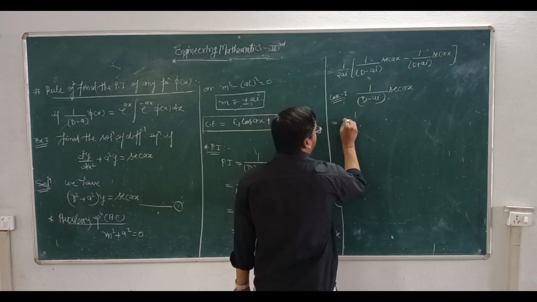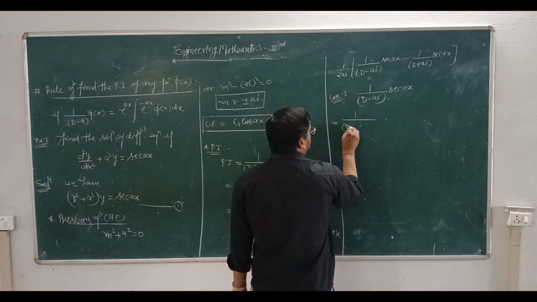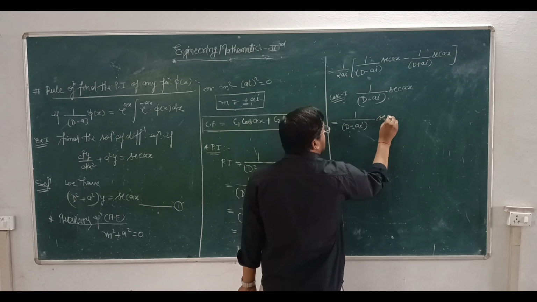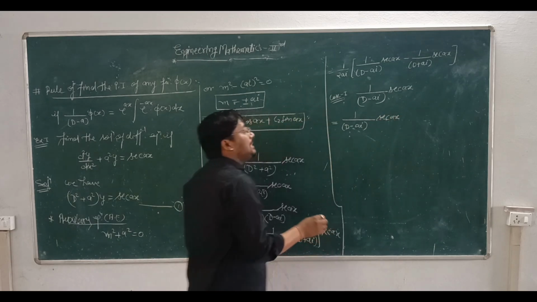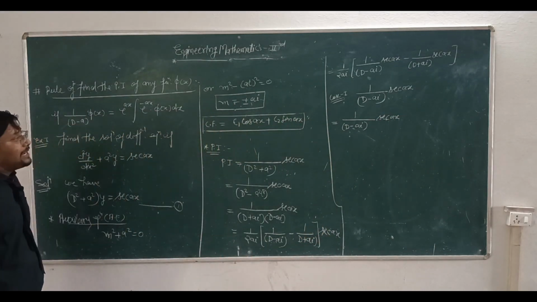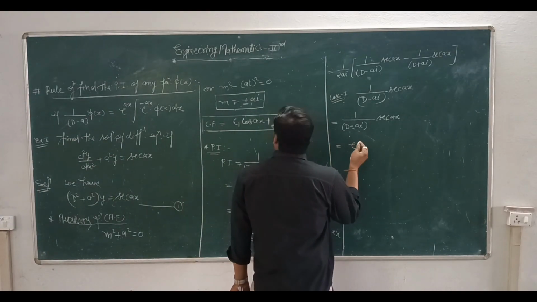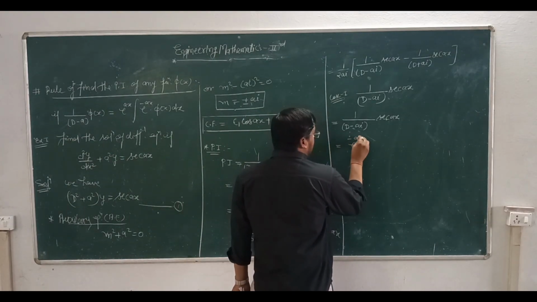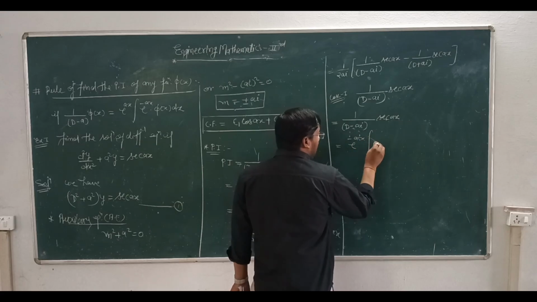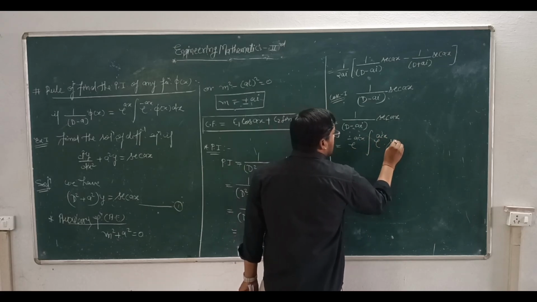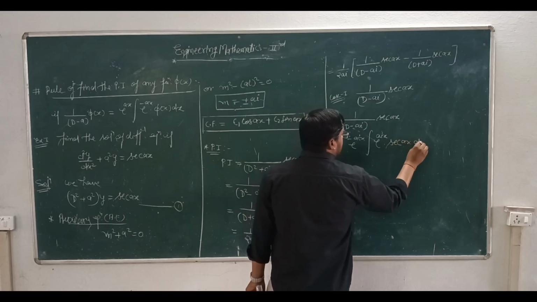You can write 1 upon D minus ai sec ax. By applying the PI rule of this function or any function, you can write e to the power minus aix integral e to the power aix into sec ax dx.